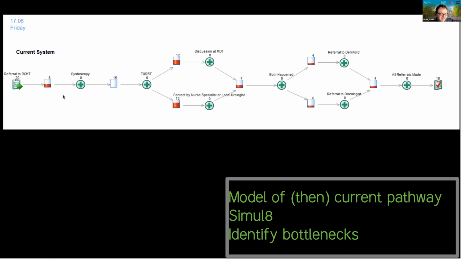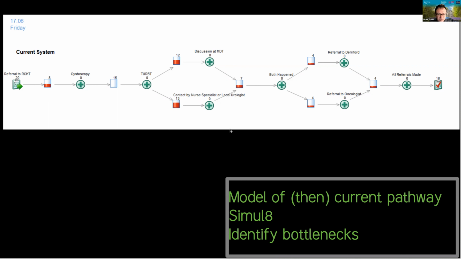But basically, patients would come in, they'd be referred into Royal Cornwall Hospital, normally through the GP, not always, but normally. They'd first get a cystoscopy. They then wait for a TURBT, which is a transurethral resection of the bladder tumor. At that point, two different things would need to happen. One would be that the case would need to be discussed at a local multidisciplinary team to discuss what needed to happen.